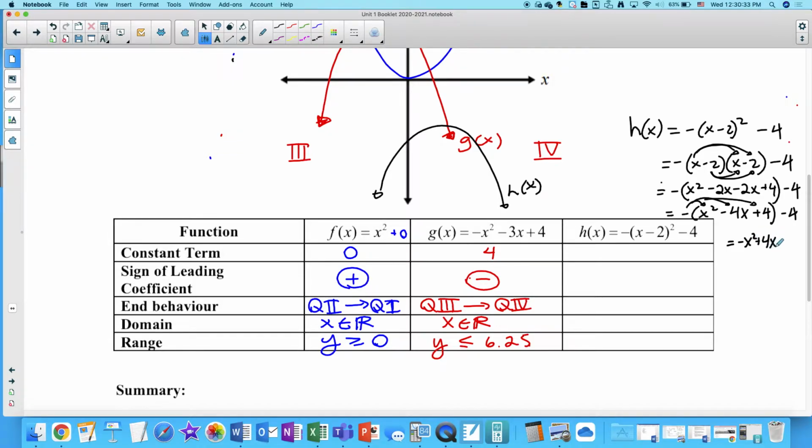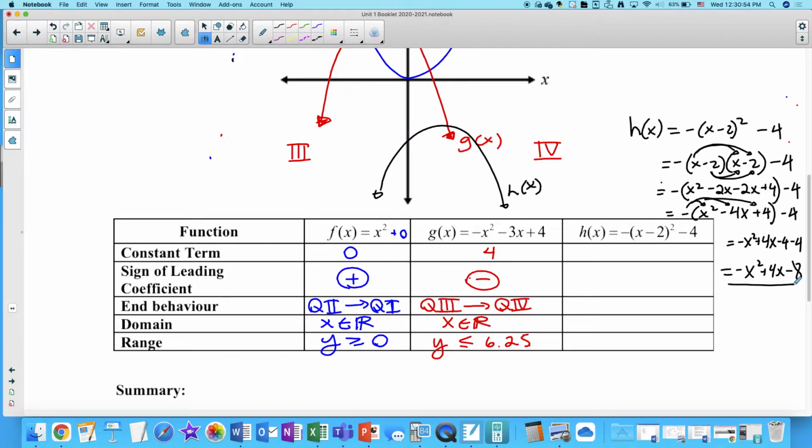And so all together, negative x squared plus 4x, and then negative 4 minus 4 is minus 8. So this is the expanded version of this function. And what that actually means is that my constant term is negative 8.